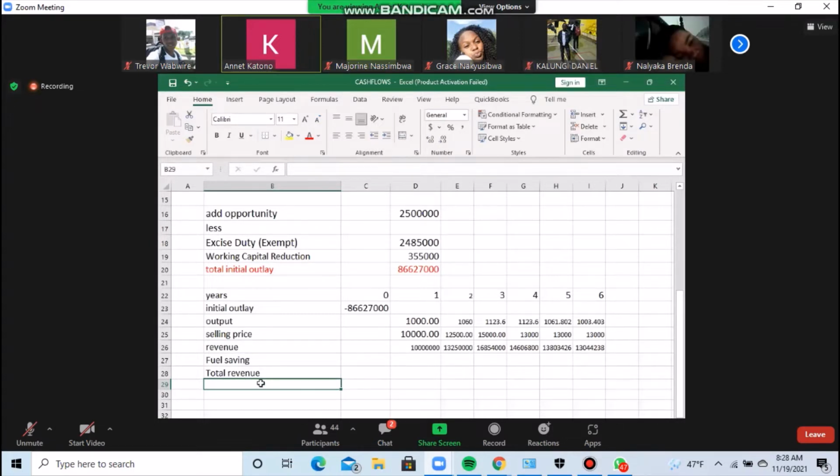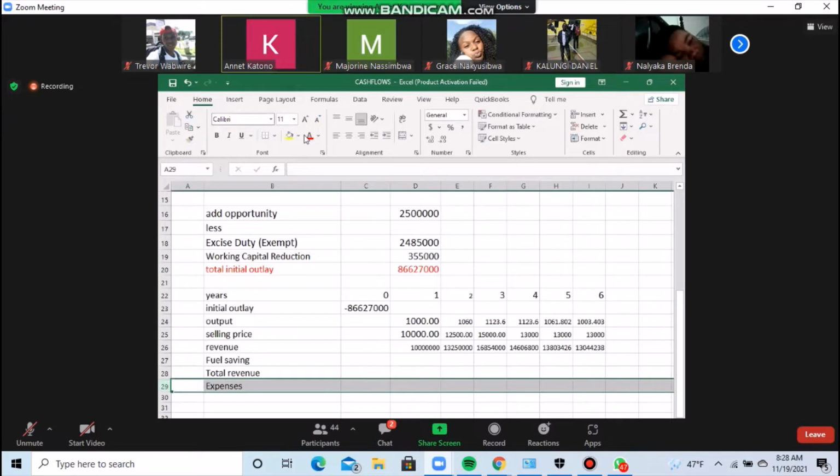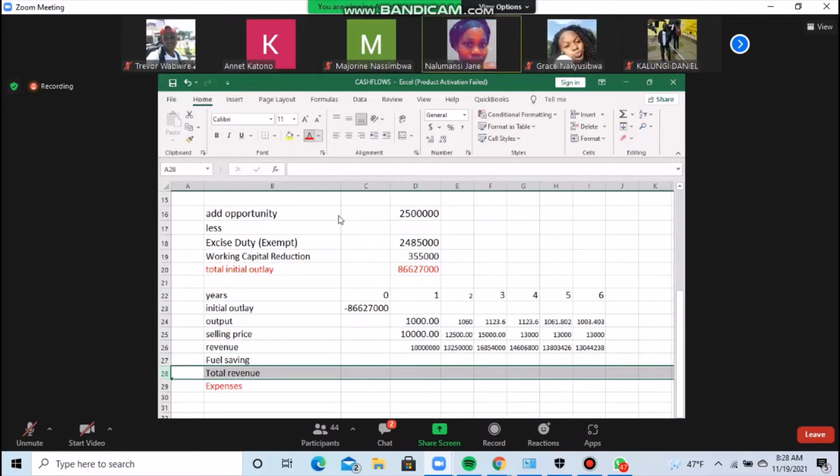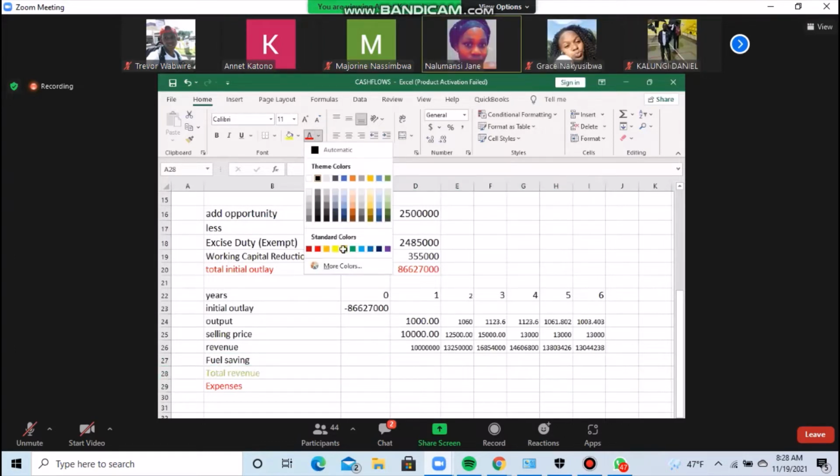Now let's go to expenses here as another small subheading. Remember, we are following the format of the income statement. This will be my total revenue.